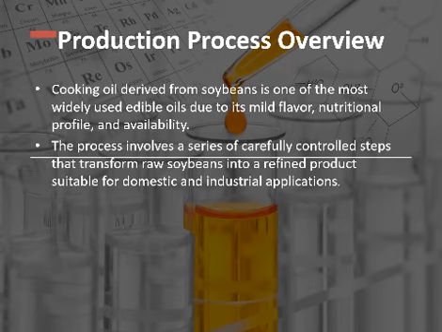I mean the main game, the production process overview. Now I really want you to pay keen attention because this is where we really appreciate the detailed and controlled steps that transform soya beans, I mean raw soya beans, into the refined products we are looking for, suitable for domestic and industrial applications, right?